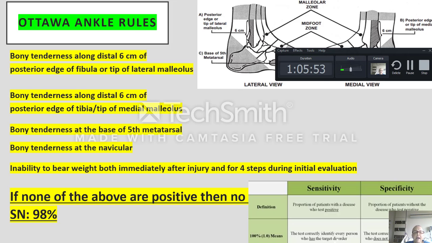The Ottawa ankle rules. Bony tenderness along the distal 6 centimeters of the posterior edge of the fibula or the tip of the lateral malleolus.